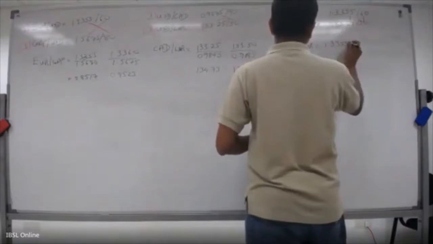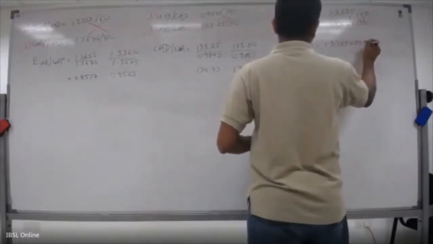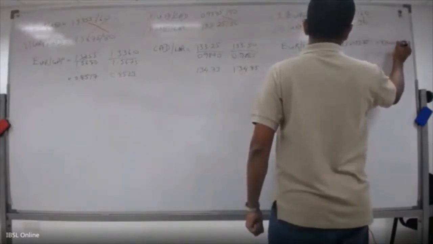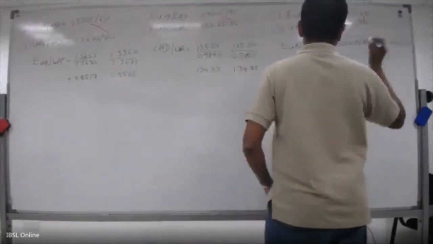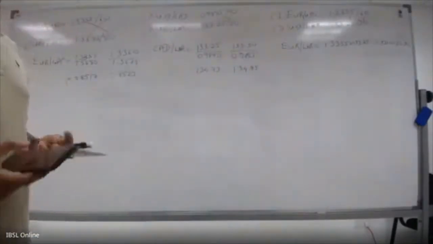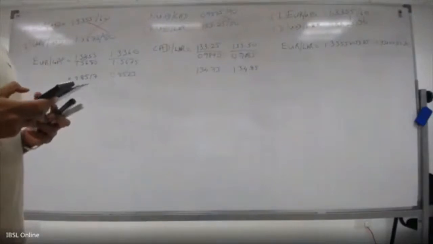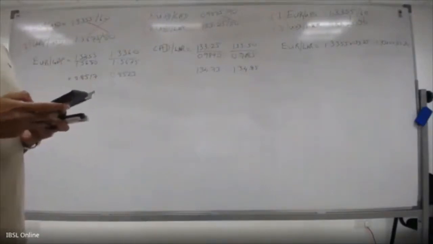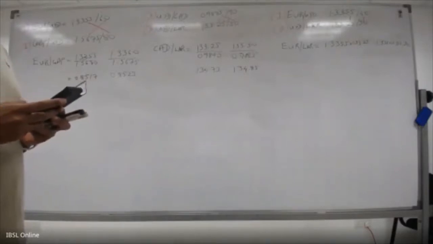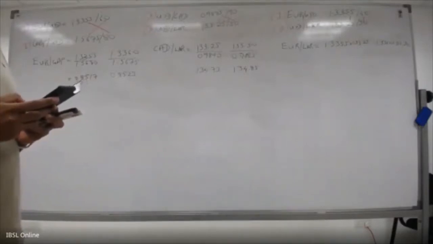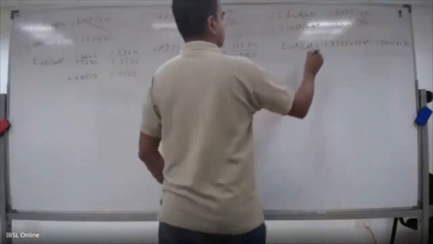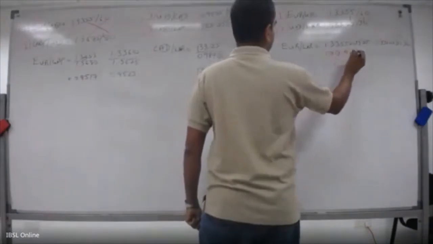So it will be 1.3355 into 133.5. Offer will be 1.3360 into 133. 796.